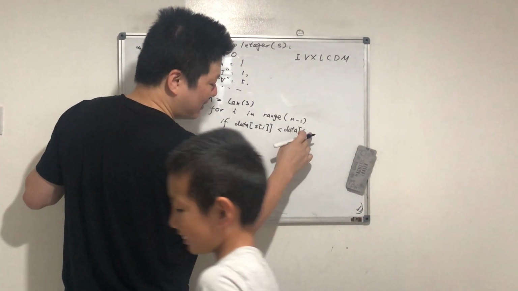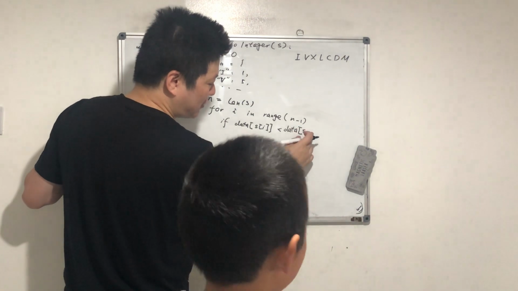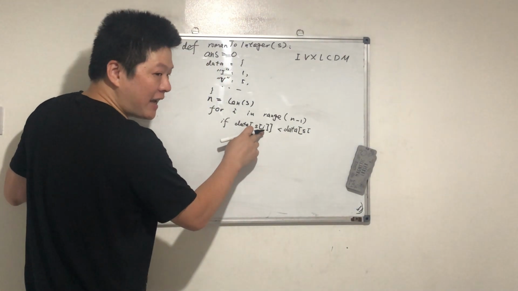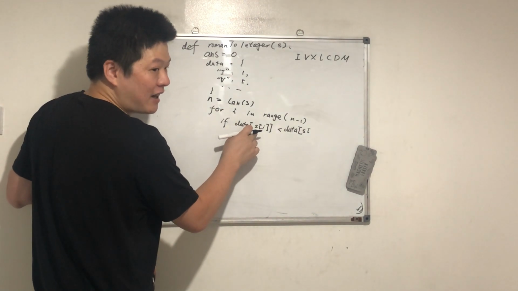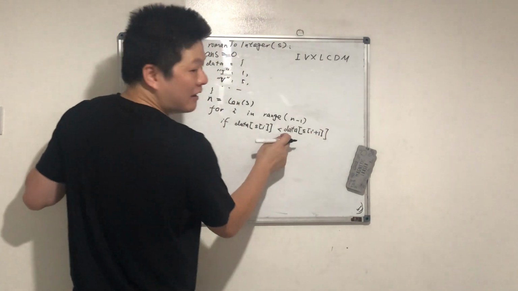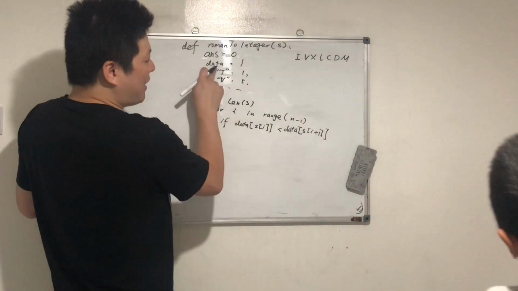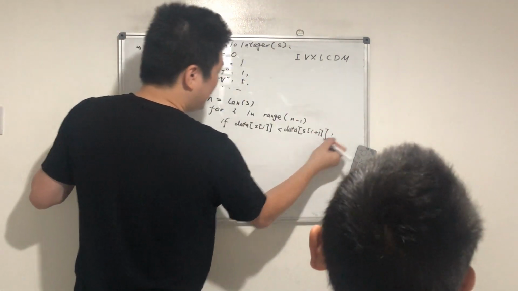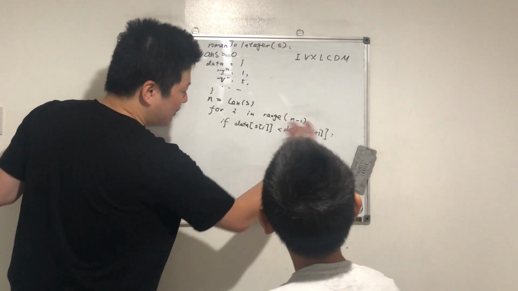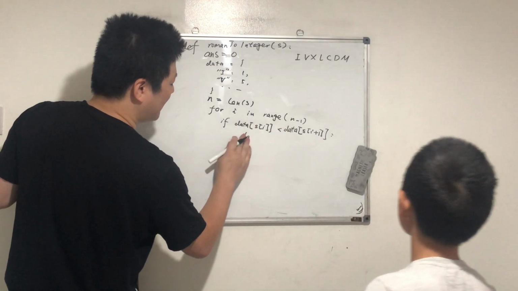The next one is what? Because the current index is i, this is i plus 1, and we're using data, looking up the value here. If this is smaller than the next one, we subtract.